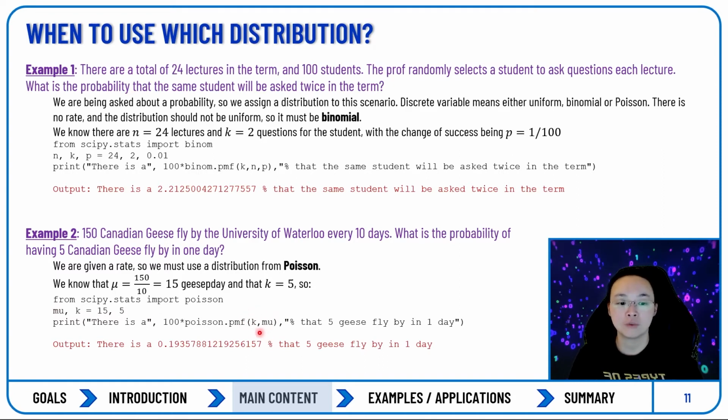There is a specific order for your PMF functions. So make sure that before you use these functions, take a look at the documentation if you forget, and make sure you're putting the values in the correct location so that the math works out correctly. So I'm multiplying that by 100 and I get 0.19% that 5 geese will fly by within 1 day.